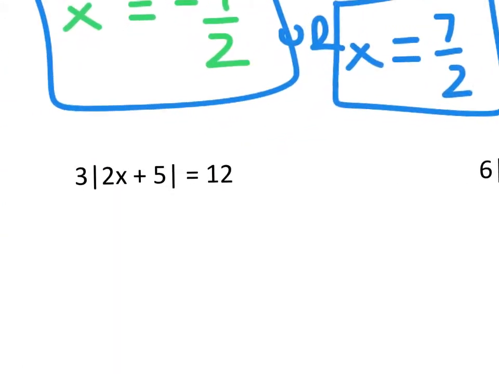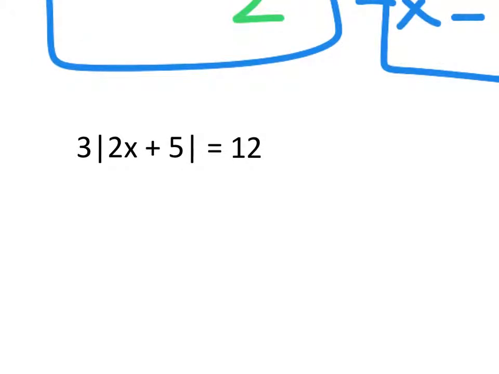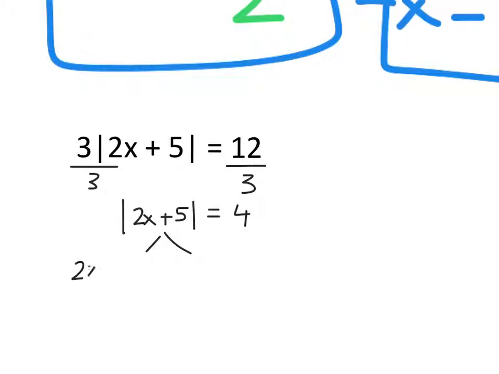Okay, next one. Absolute values you never want to distribute, so you need to get rid of the 3. So if this is 3 times this, I'm going to divide. So I got 2x plus 5 equals 4. So I'm going to break this off into two equations. So 2x plus 5 equals 4, and 2x plus 5 equals -4.